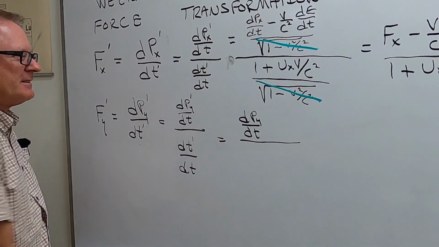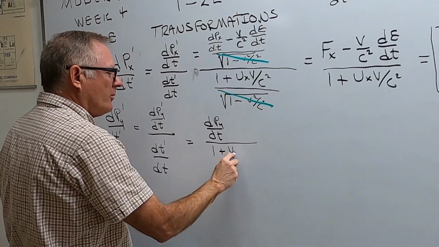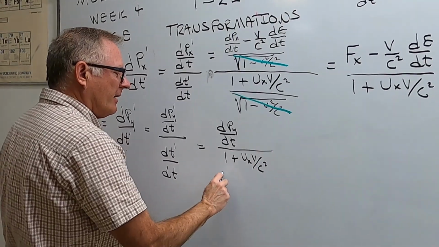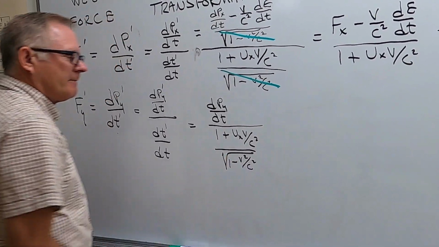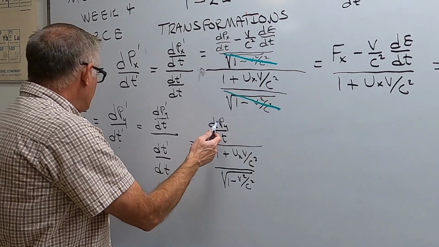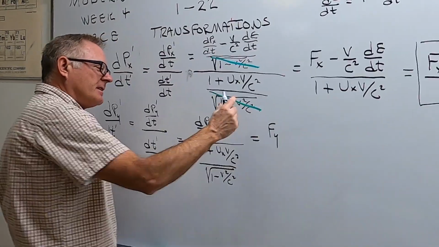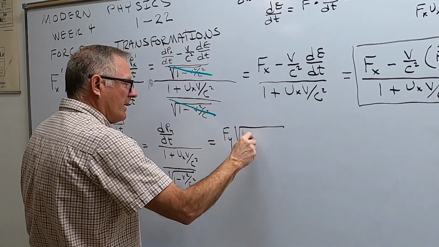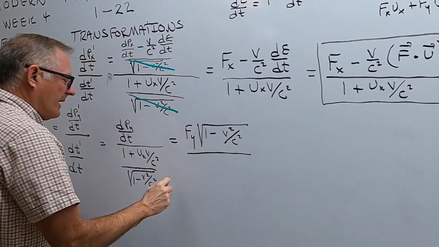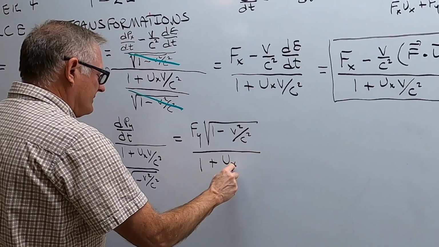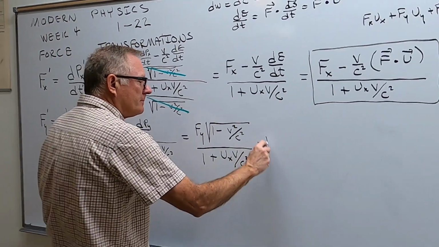And the denominator is the same denominator I had before. It's 1 plus ux v all over c squared divided by the square root of 1 minus v squared over c squared. This is just F in the y. This comes up to the top, square root of 1 minus v squared over c squared, divided by 1 plus ux v all over c squared. So that's my Fy prime.